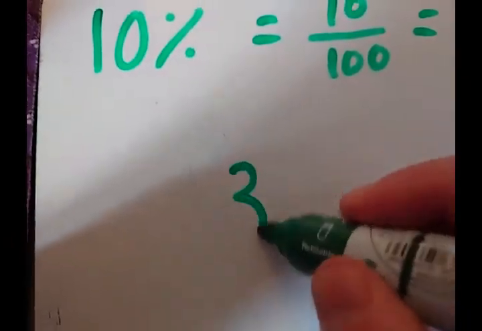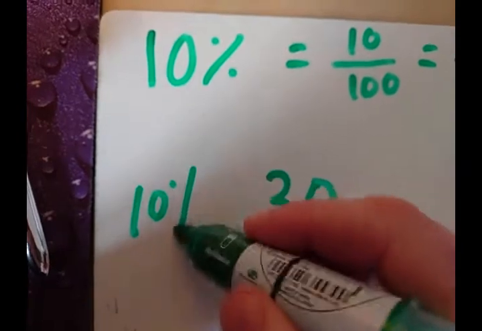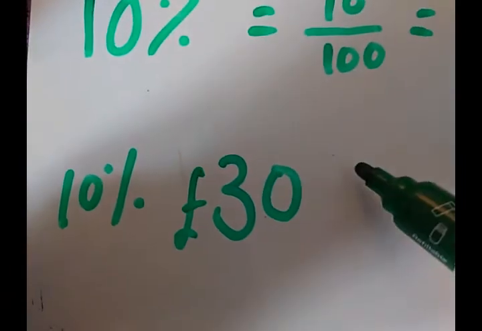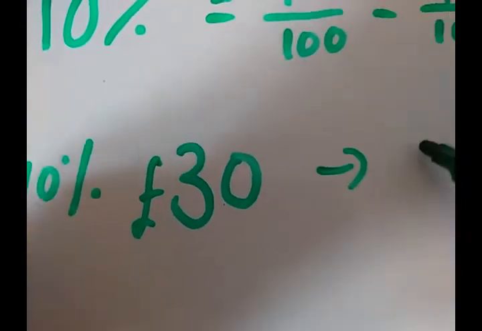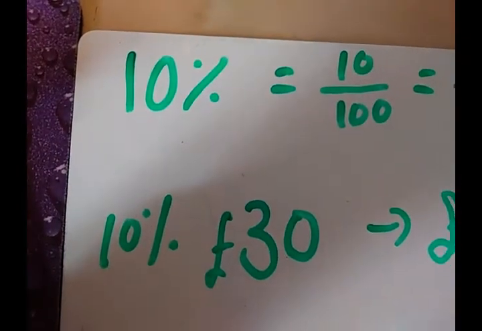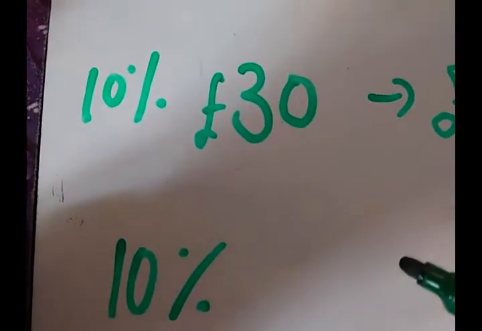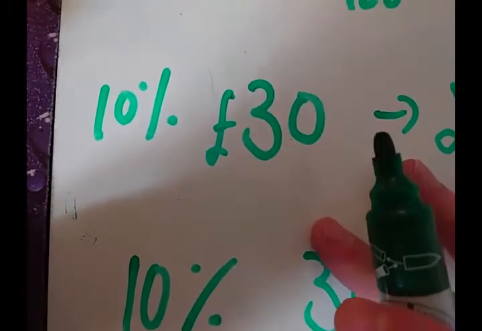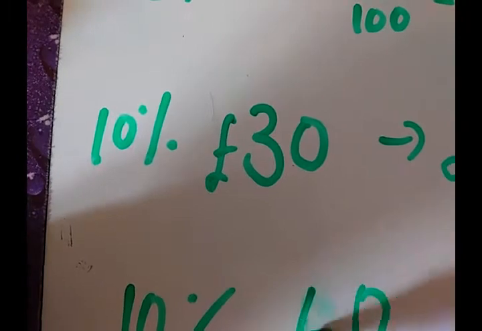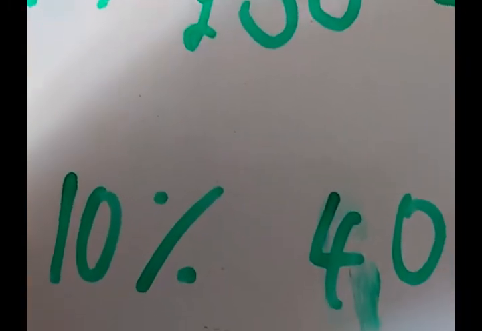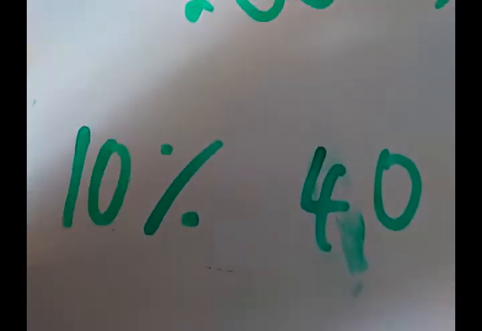So for example, if you had £30 and you needed to give away 10% of it, you do 30 divided by 10 and you'd be giving away £3. Let's use a different number. If we had 40 hours to do a massive piece of work, imagine you were writing a book and it took you 40 hours.